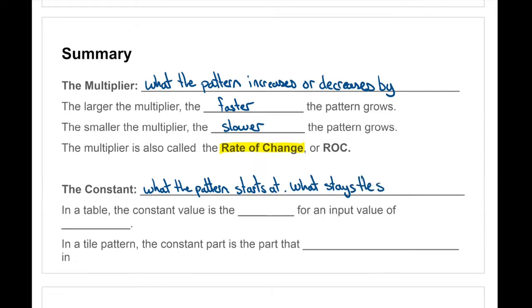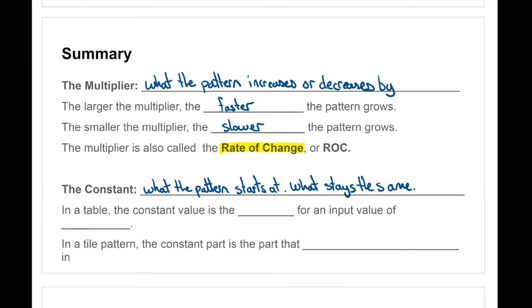If you look at those patterns that we referred to, the constant, what we're adding, that's what stays the same throughout. So we weren't changing it, we weren't adding it, or we weren't adding multiples of it. It stayed the same. Right? So those blocks or those colors, they stayed the same in every step.